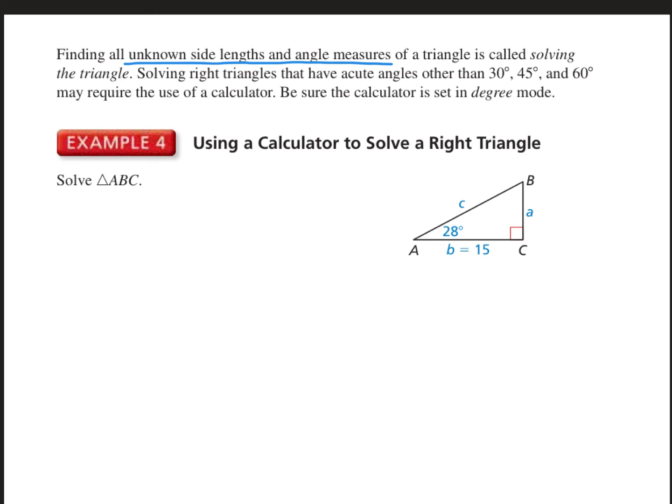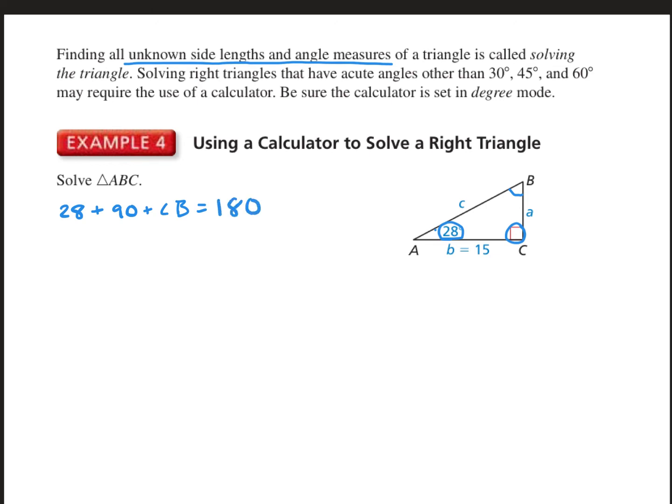If we start with the angles here, we have 28 degrees and 90 degrees. We know that all three angles in our triangle are going to add up to 180. So we could say 28 degrees plus 90 degrees plus whatever angle B is, so I'm just going to call it angle B, you can call it X, you can call it whatever you want, is equal to 180.